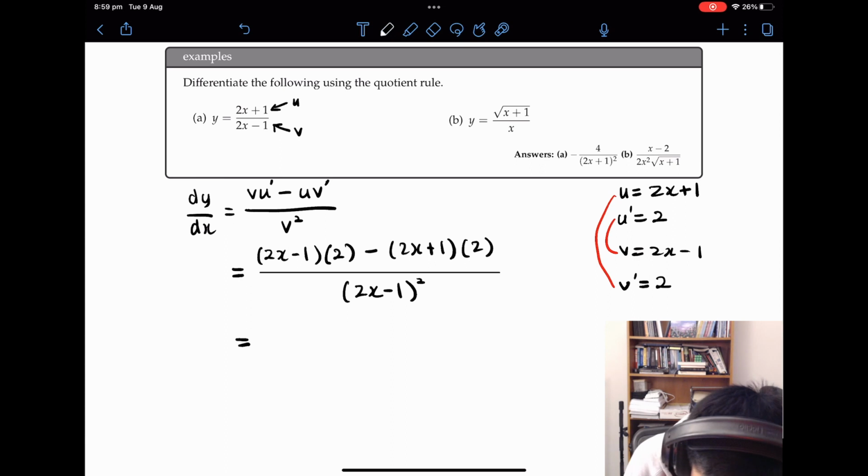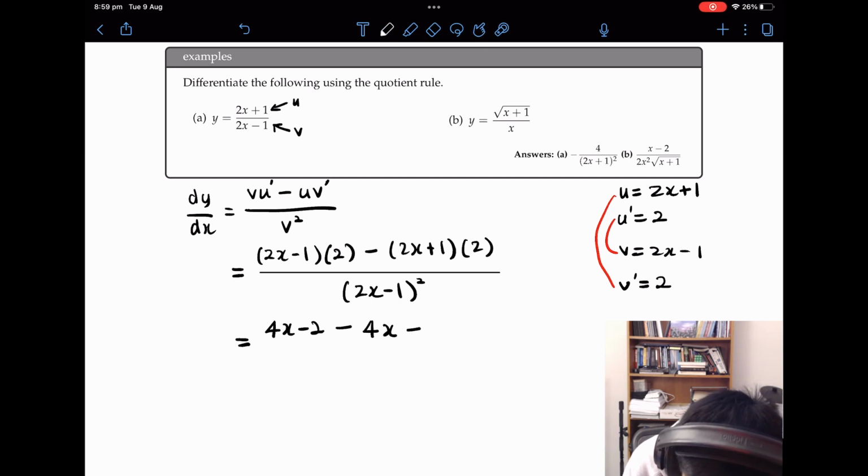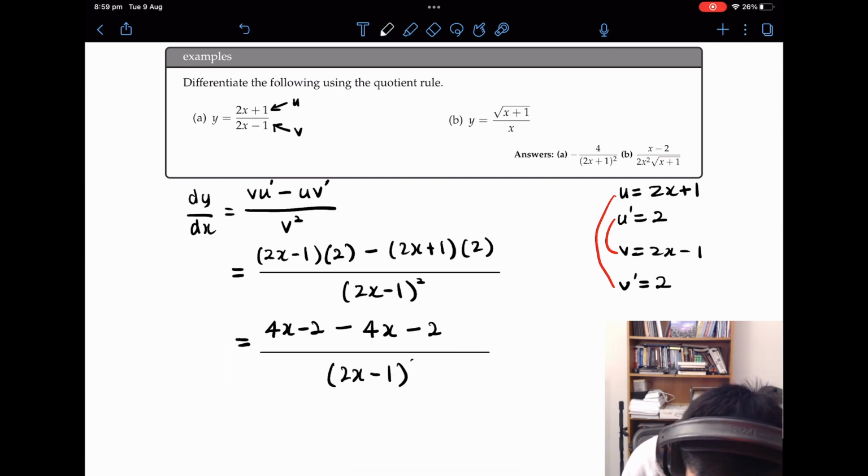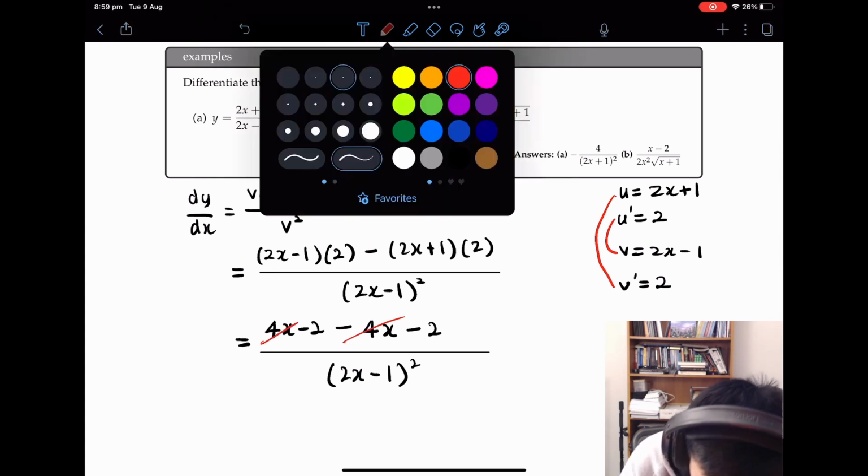When I simplify the top, let's expand. So we've got 4x minus 2 minus 4x minus 2. And the 4x's clearly cancel, 4x minus 4x.